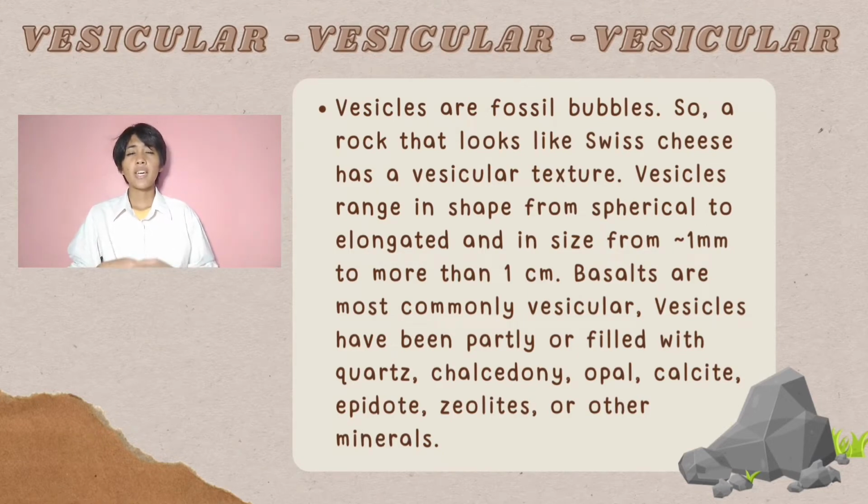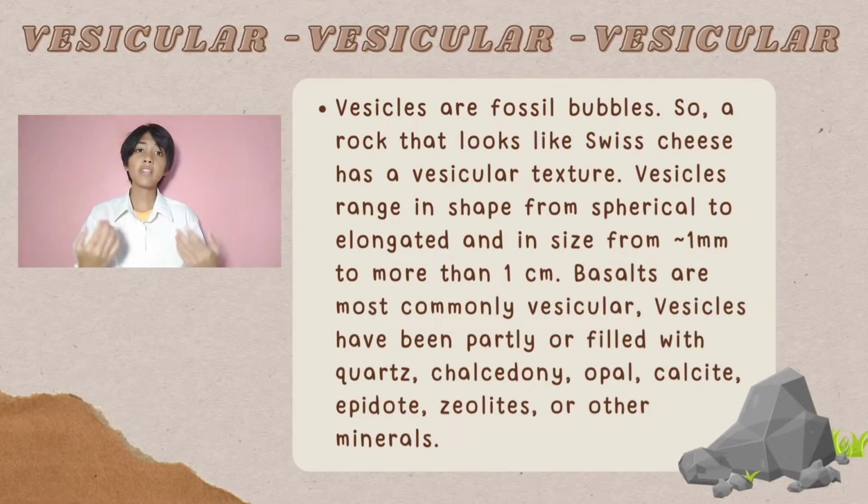It is commonly known in basalts. So basalts are most commonly vesicular. Vesicles have been partly or completely filled with quartz, chalcedony, opal, calcite, epidote, zeolites, or other minerals.